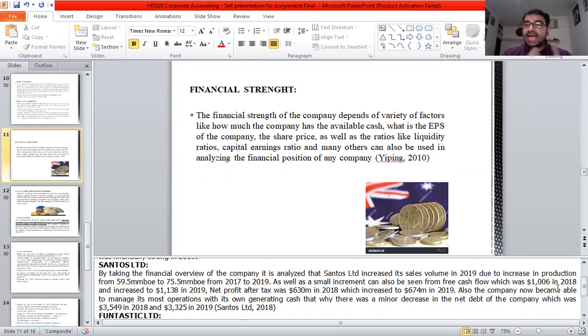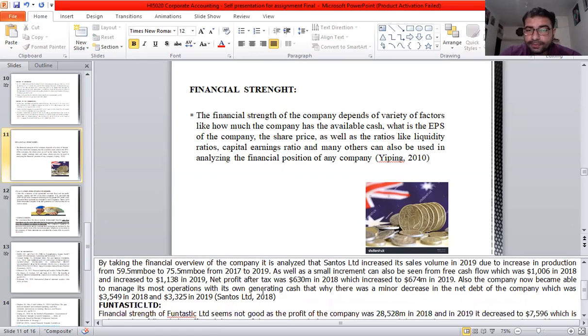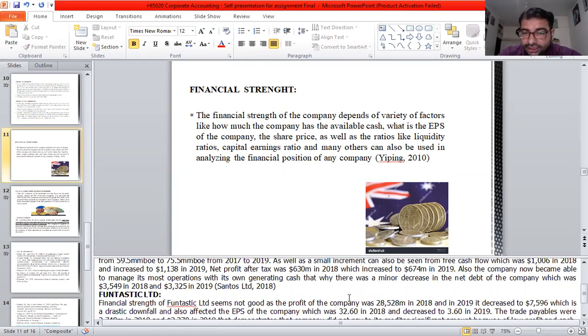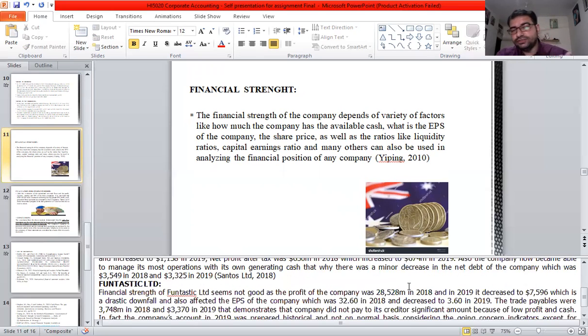The net profit after tax was $630 million in 2018, which increased to 674 million in 2019. Also, the company became able to manage most of its operations with its own generated cash. That is why there is a minor decrease in the net debt of the company, which was 3,549 million in 2018 and went down to 3,325 in 2019, as mentioned in Santos's report as well.